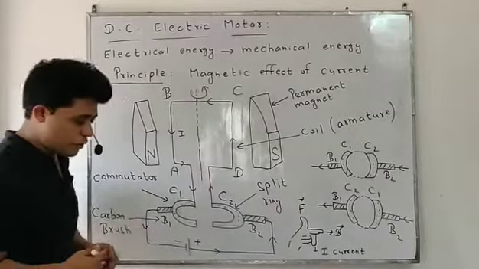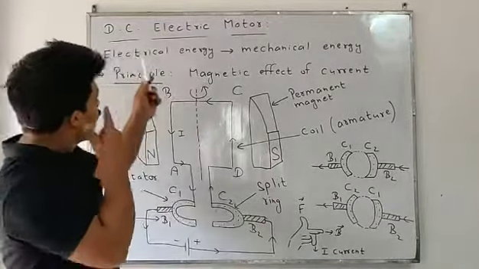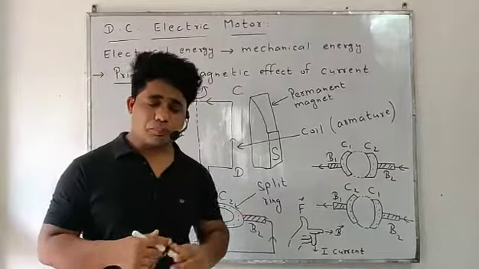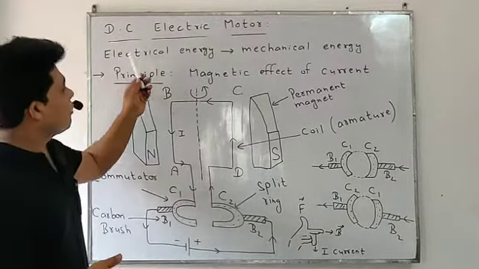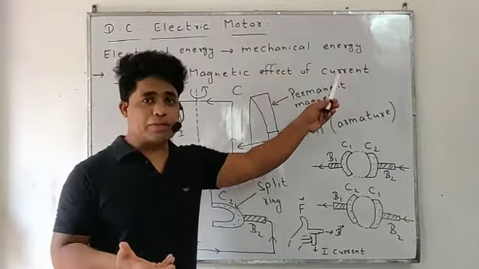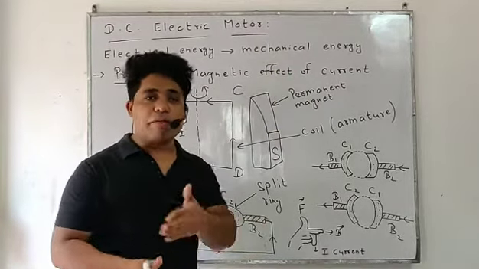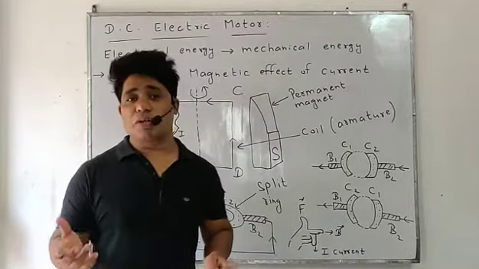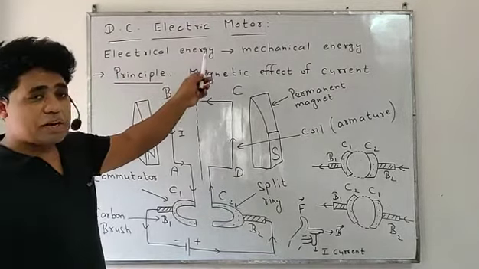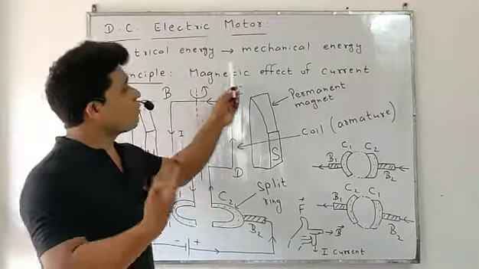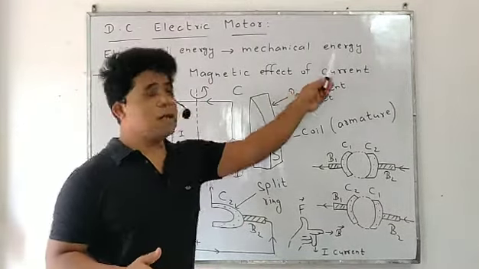See, first we'll discuss what is the meaning of DC electric motor. What is a motor? A device that converts electrical energy into mechanical energy. Suppose we have a motor. When we switch on, it means we are providing electrical energy, and it converts electrical energy into mechanical energy.